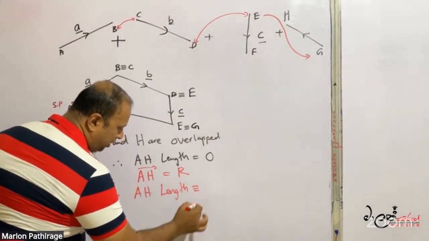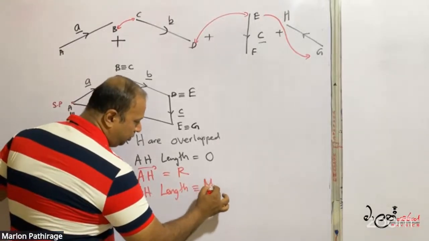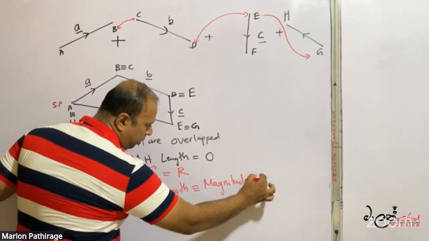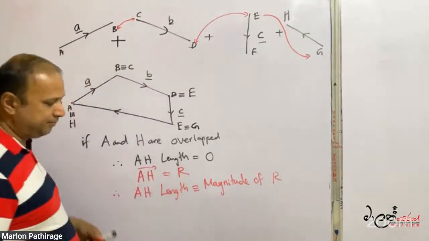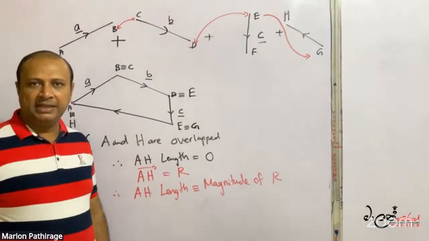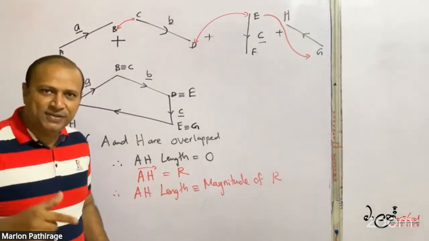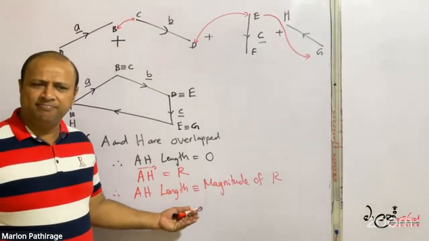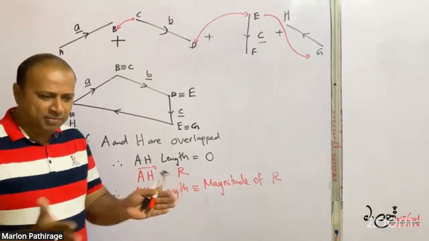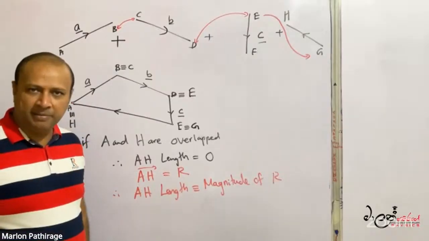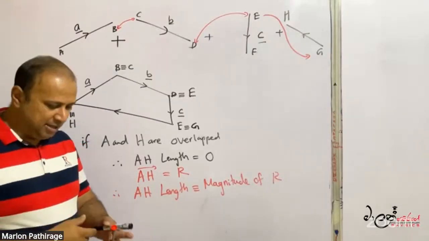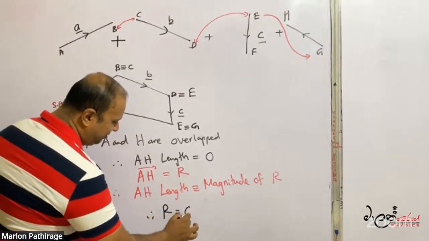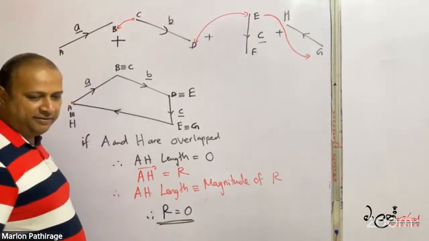Because now there is no AH line segment, its length is 0. That means the resultant force should be 0.